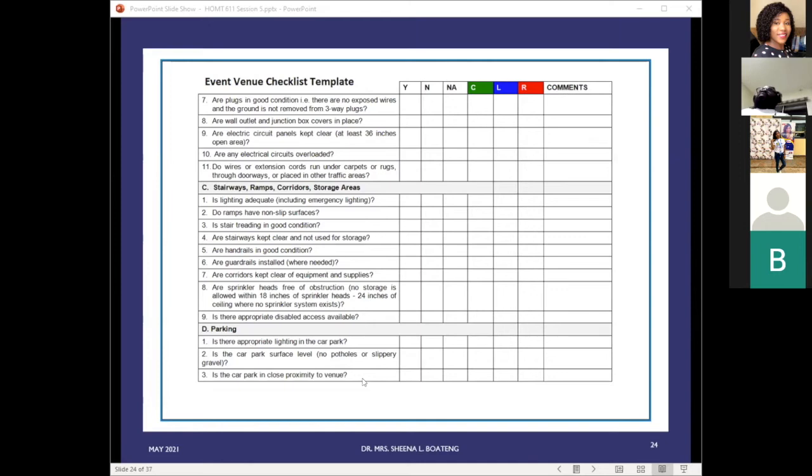Yeah. Also, they're asking, is the car park in close proximity to the venue? That's also a valid question. Because if somebody has to park their car and walk, I've heard people complain about these things before. They go to events and where they have to park their car, it's like several meters away from the event venue. And for us, the females who like to wear these heels to events, imagine having to walk all the way in heels.